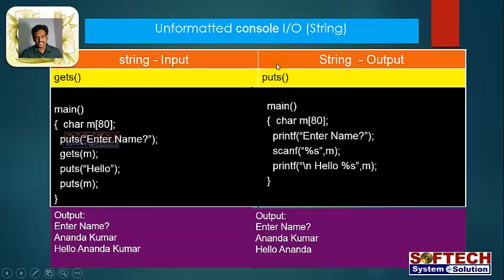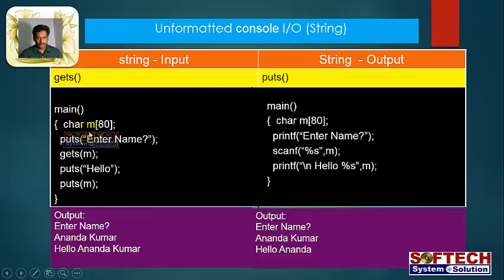They are gets and puts, string input, string output. The gets function gets the string from the keyboard. The puts function puts the string to the screen. Get string from keyboard, put string to the monitor. So this is input, this is string output.